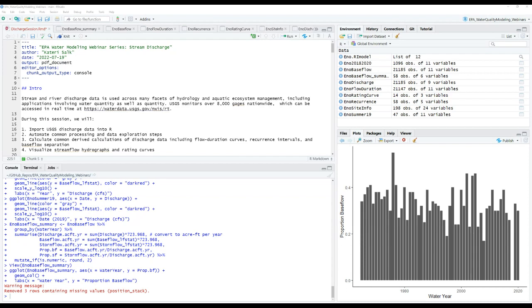So I would definitely suggest, if this intrigues you and you'd like to do some more advanced things with discharge data and with streams and rivers in general, that it would be another great package to check out. Thanks for bringing that one up. I included a non-comprehensive list of extension packages that you might want to use, but EGRET would be another great one to add to that list.